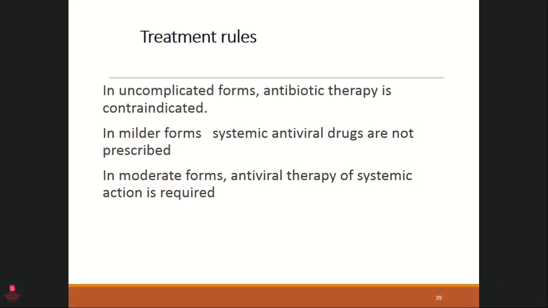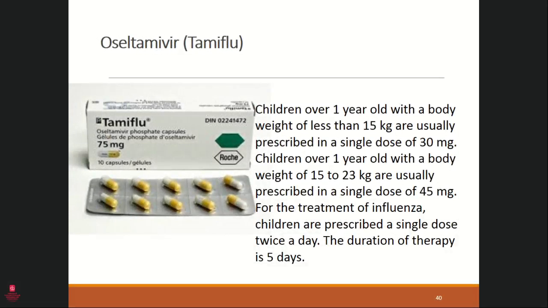One of the basic rules for the treatment of acute respiratory infections is a ban on the prescription of antibiotics in the first days of the disease. The main antiviral in flu is oseltamivir, Tamiflu.